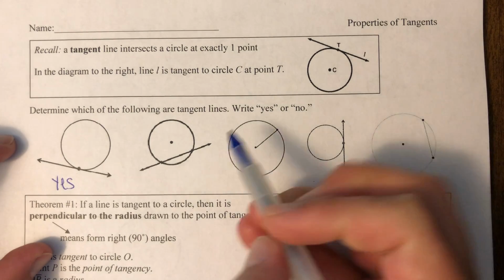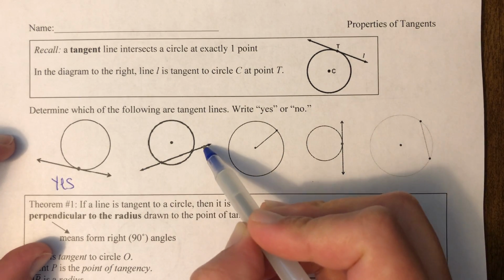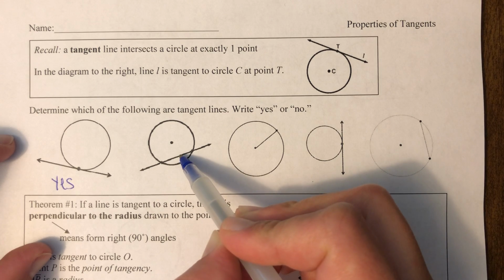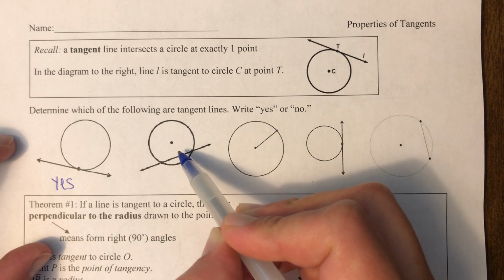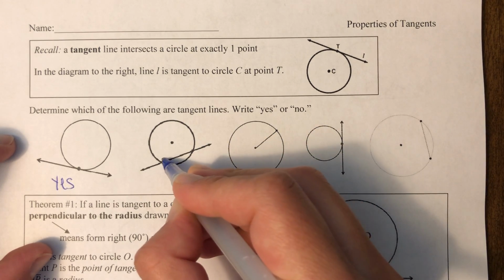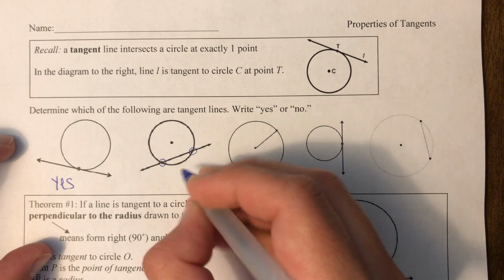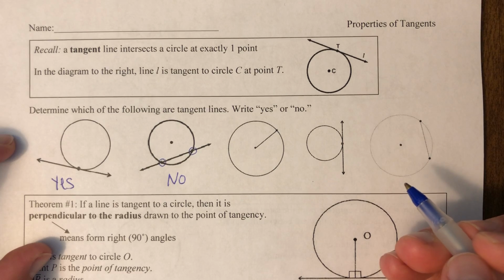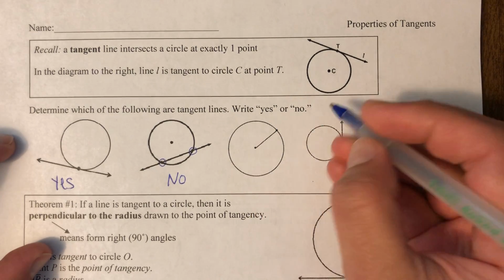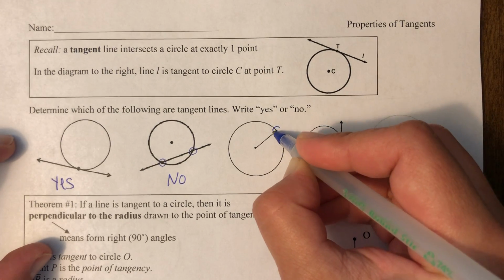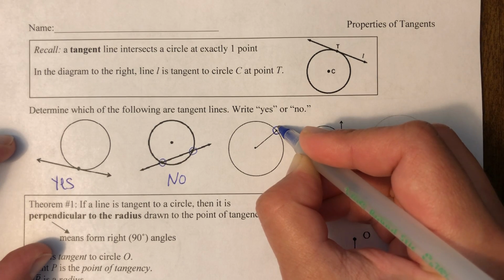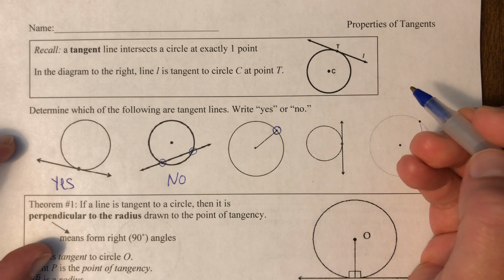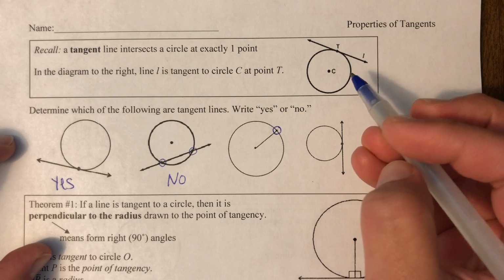The second one, here's a line. I see parts of it outside and part of it inside, so that's already looking like a no to me. And I see that it intersects twice, so that's a big no. The next one, a little tricky. It looks like it only hits once. But it's not outside the circle, okay?